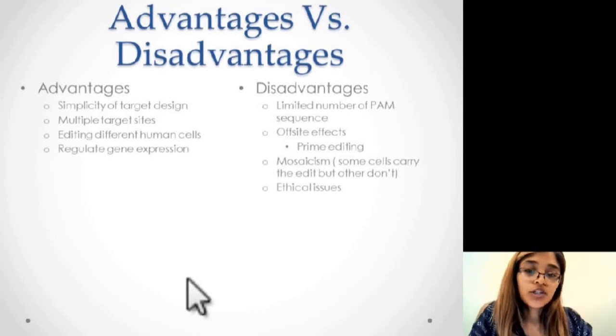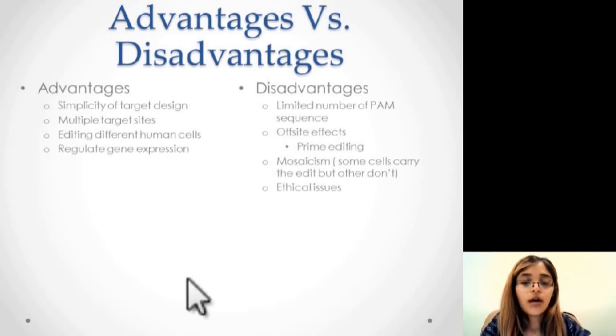Some disadvantages that we have: there is a limited number of PAM sequences that are known, and like I mentioned before, the PAM sequence is very important for cleavage to occur. There are also some off-target effects that happen with CRISPR-Cas9, which can trigger mutations at undesired places.